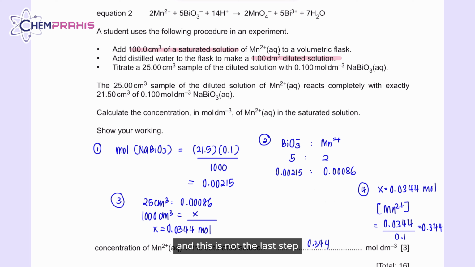This is not the last step, because we still need to find the concentration in the saturated solution. We have the number of mole equal to 0.0344 and the volume for the saturated solution is 100 cm³. So we need to divide by 0.1. We change the 100 cm³ to dm³ to find the concentration, and this is your final answer.